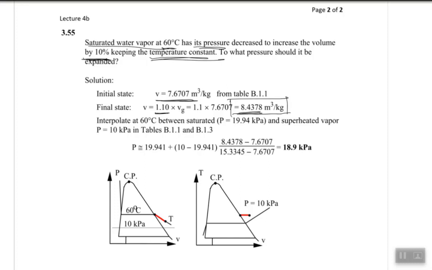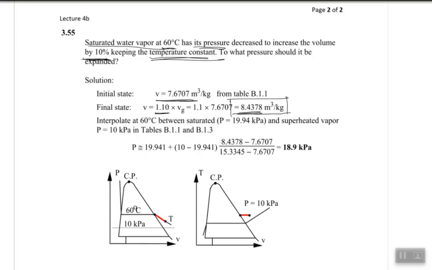Let's go back to the superheated table. In the superheated table, we have to find the temperature at 60 degrees centigrade and the volume equal to 8.4378.